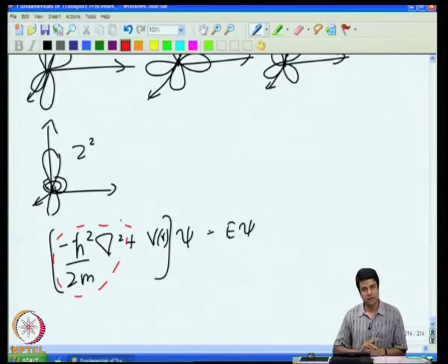Because V is only a function of radius, that is the reason that I am getting the exact same solutions Y n m of theta and phi as I got for my diffusion equation. These solutions are properties of the Laplacian operator, not of this particular problem.